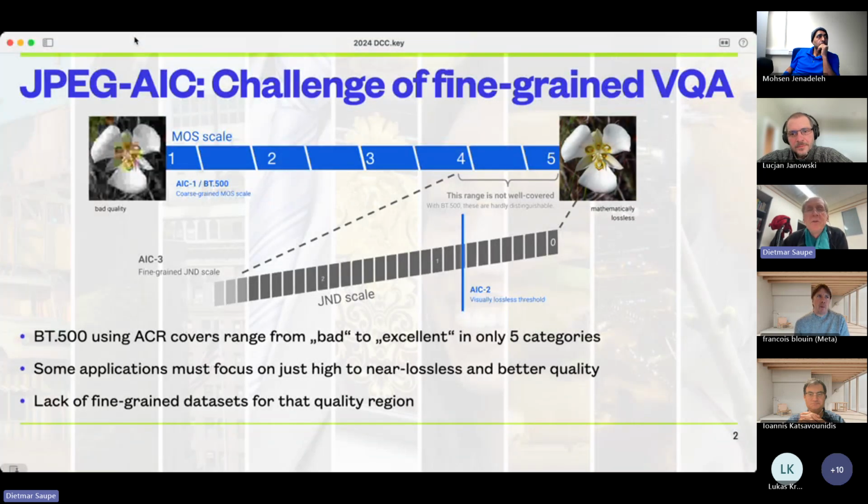I could show you some results of studies where they have used the MOS scale and compared it with the comparison type of scale for the same images, and then they showed that there is a saturation effect. So on the MOS scale, from 4 to 5, when you compare it to the JND scale, then at the higher JND levels, the MOS does not change anymore. So that's the saturation.